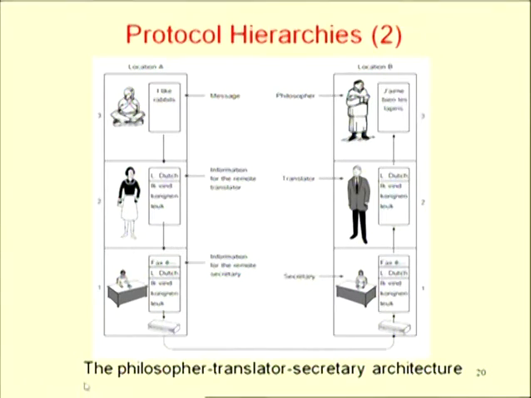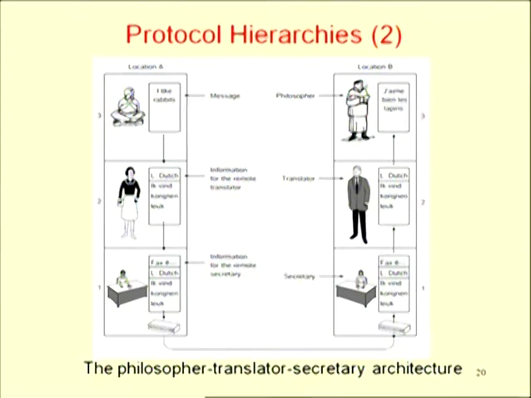Okay, this is an example of a philosopher, translator and secretary architecture. So you can say there two different philosophers are there. One is a philosopher from India and another is a philosopher from Nepal, right? This is a philosopher from India. Let us say this is a philosopher from Germany, right?